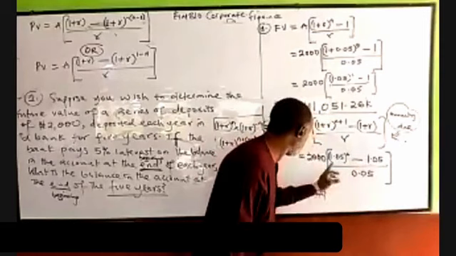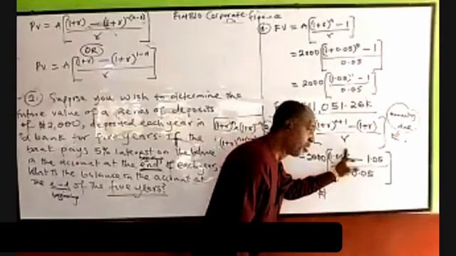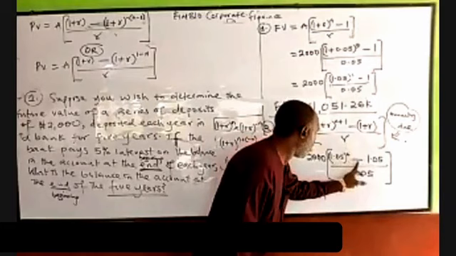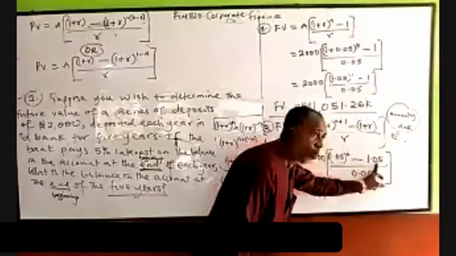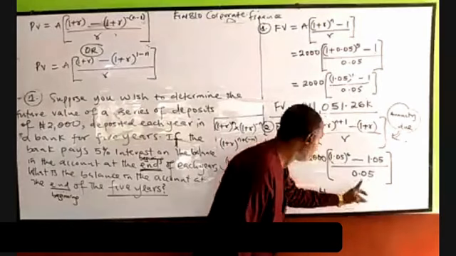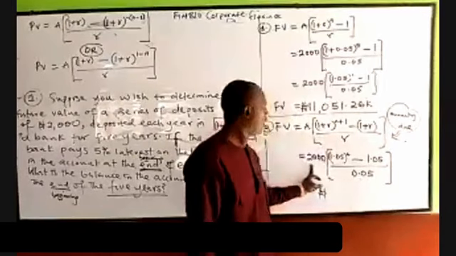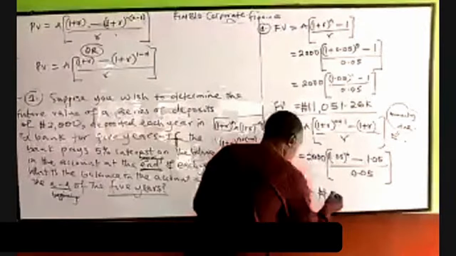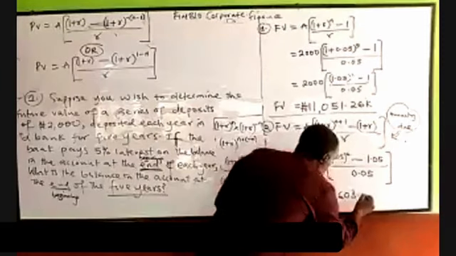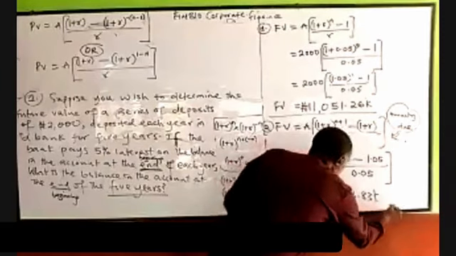Let's just take it in so that it doesn't confuse us. 1.05 raised to power 6, get the result. Minus 1.05, get the result. Divide by 0.05, multiply by 2,000, and we'll get this answer: 11,603.83. Is it clear now?